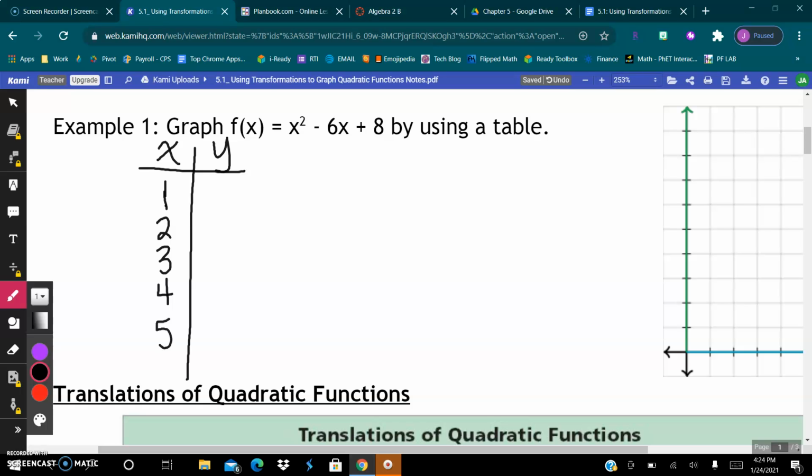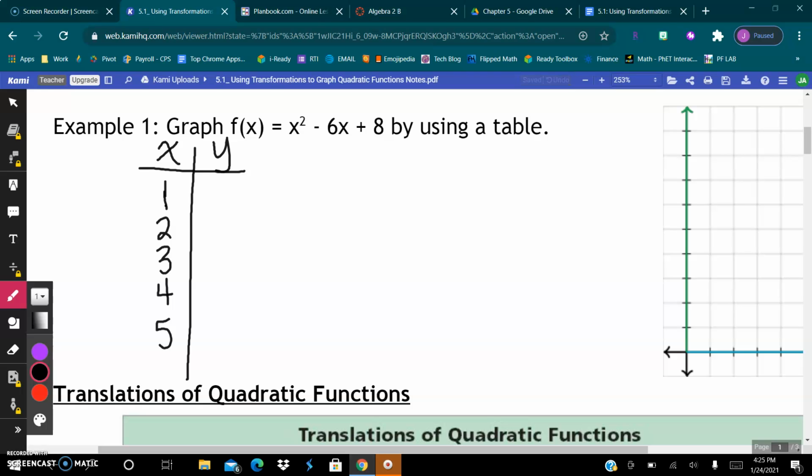Normally I have you pick out -2, -1, 0, 1, and 2, but I know that this graph is more towards the positive x values. If we plug in some negatives, we're going to get some pretty large y values that aren't going to fit on the graph that I have for us.